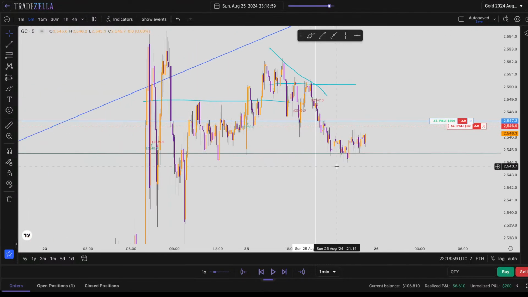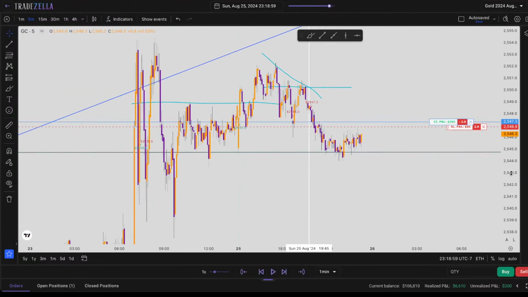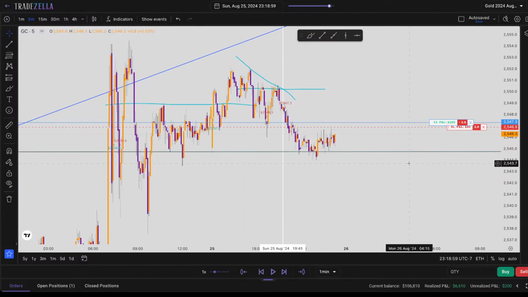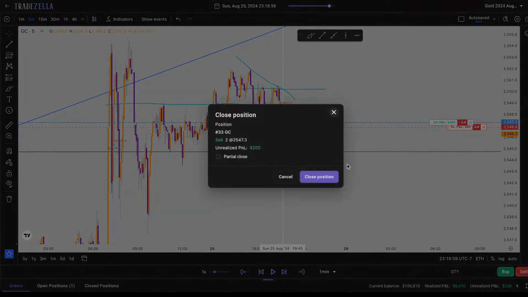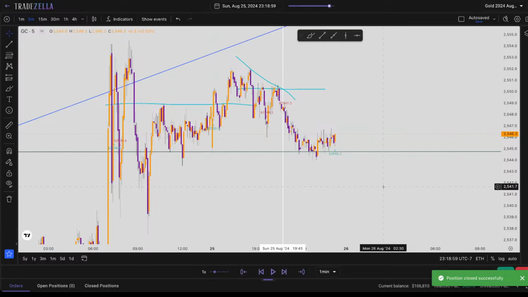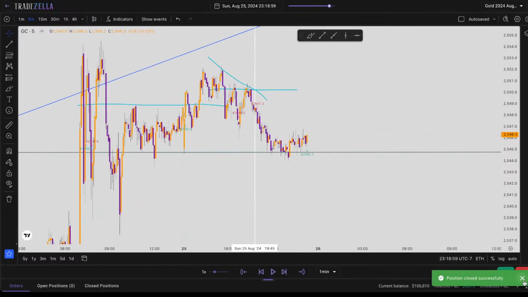I'm taking it. I am taking this long. I'm taking the profit here, and then I'm taking the long. Close position. Yes. And then open position. Buy.